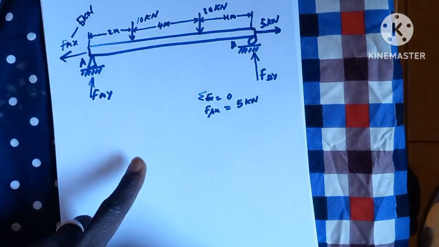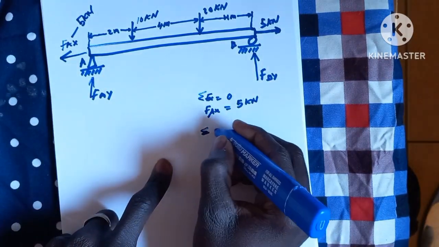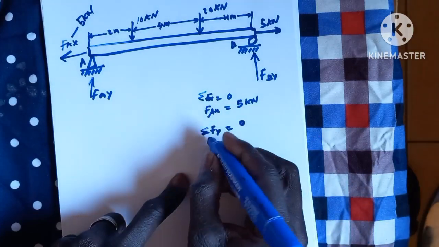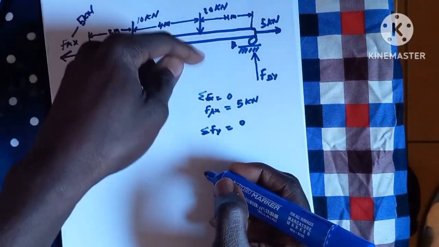Then for the Y direction, the sum of the forces in the Y direction is equal to 0. Summing them out, these two forces going up will be equal to these two forces coming down.